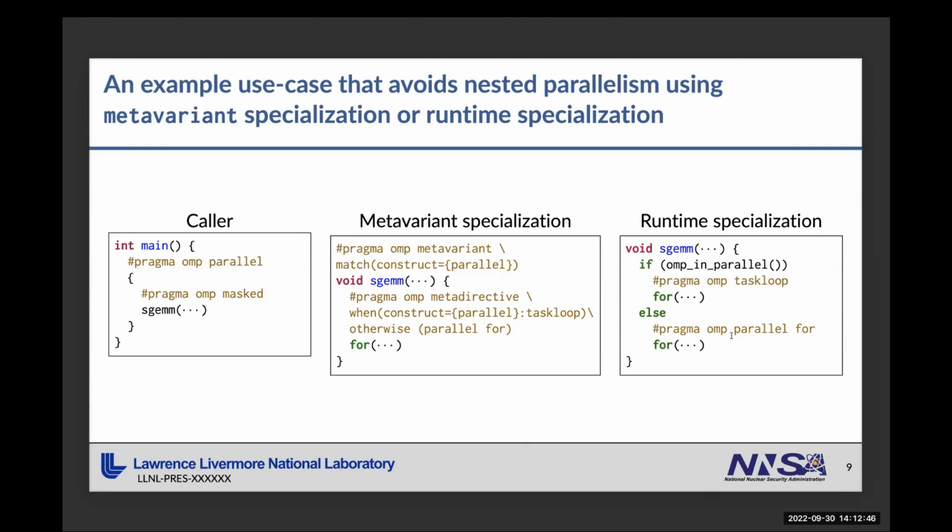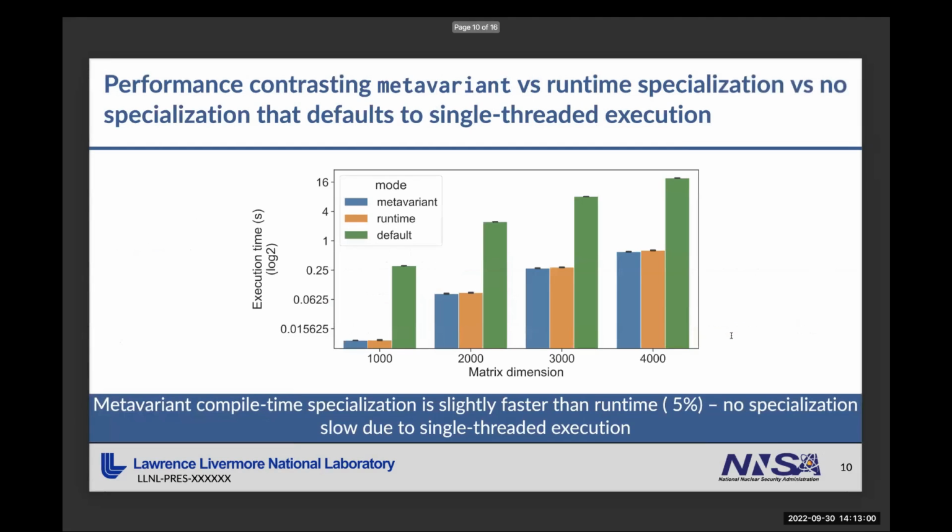There are reasons for the difference, but the runtime specialization essentially did the omp in parallel check in an if statement, and picks exactly the same interior code. And the default version does not do so well because OpenMP runtimes don't tremendously like it when you overschedule them massively, unless they're designed for it.